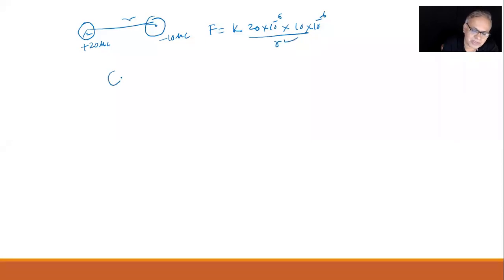But now when you place them in touch, what will happen? You tell me. Charge will flow from one to the other till the potentials become same. Like when you connected two containers having water at different levels, water flows from the container of higher level to the container of lower level till the levels become same.